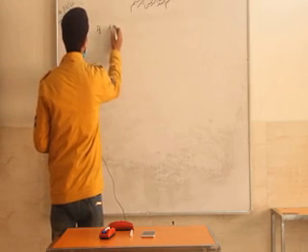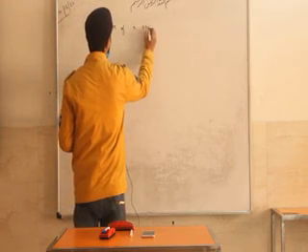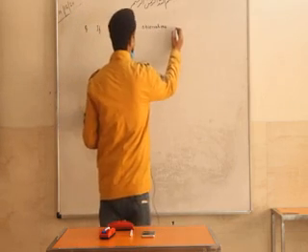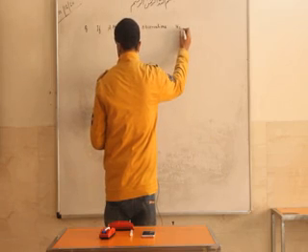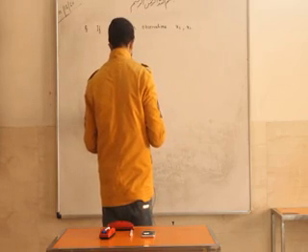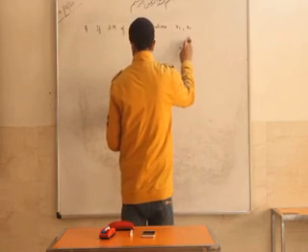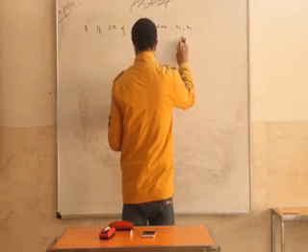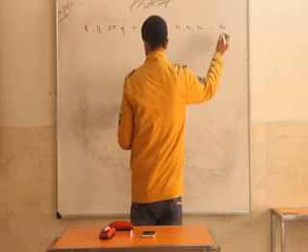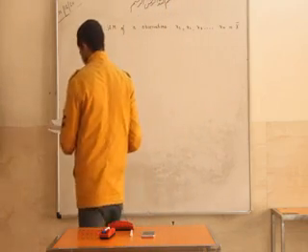If the arithmetic mean of n observations x1, x2, x3, up to xn is x bar, this is the mean of n observations.